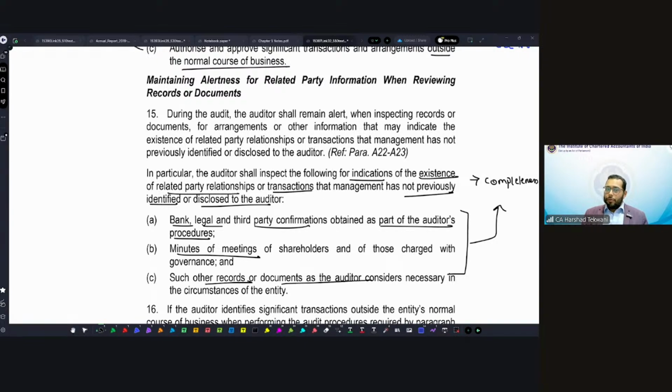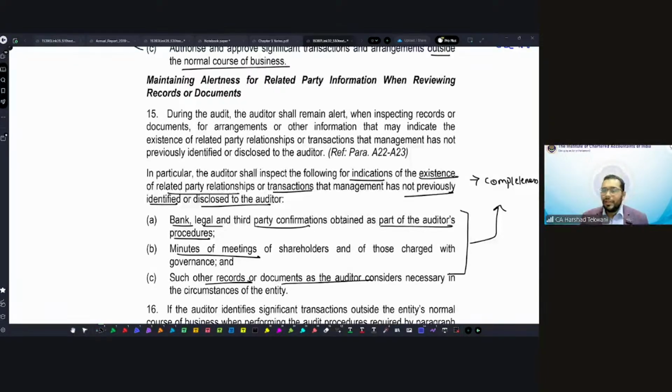After getting the information, what are we required to do with the information? Documentation. And evaluation. Before that, you need to do something else. Understanding the transaction.